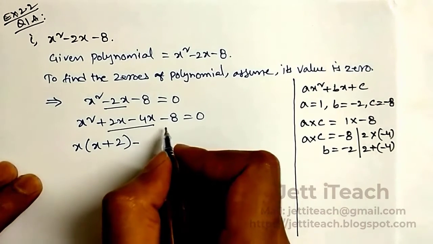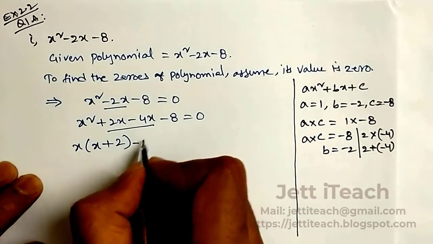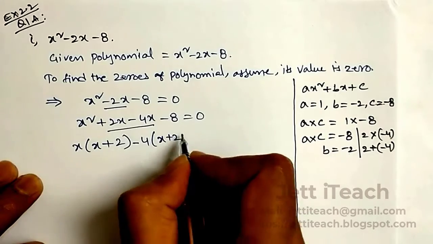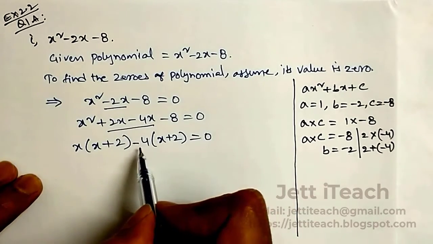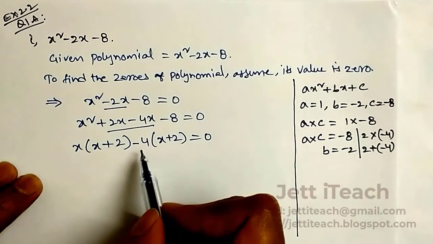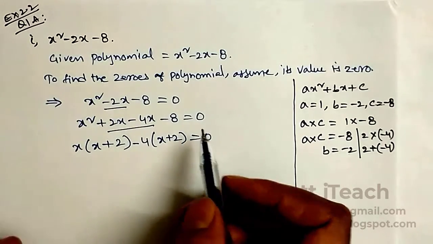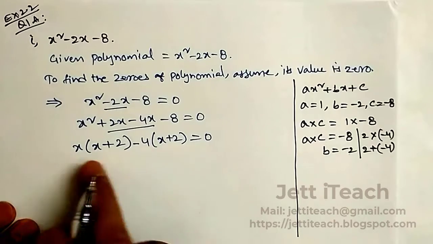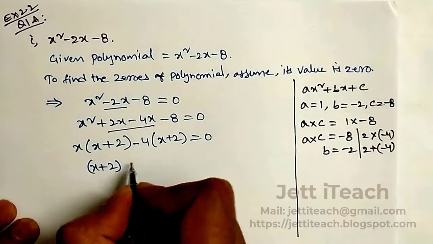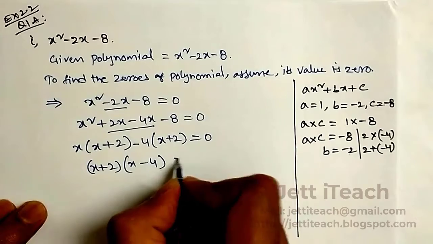If you look at the other two terms, minus 4 is common. Minus 4 into x is minus 4x, and minus 4 into plus 2 is minus 8. Now if you look at these two terms, x plus 2 is common. You need to take x plus 2 common. Here x is remaining, here minus 4 is remaining.